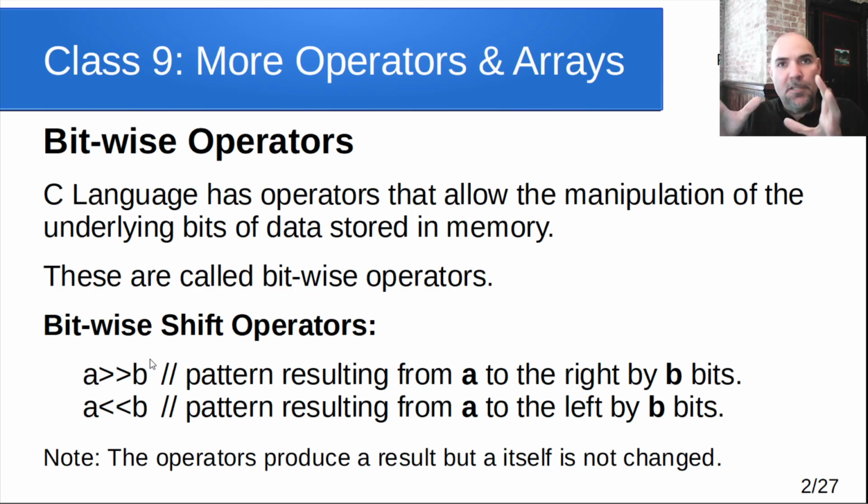It would add 1 to it to give you a new result, but it wouldn't change x. If we did plus equal 1, that would change it. But if we just did plus, it would not. So the same thing is true. This is not changing the contents of some variable that's put here. It's just taking the value of that, shifting it by this many, and producing that as a result. And that's true whether we're shifting right or left.